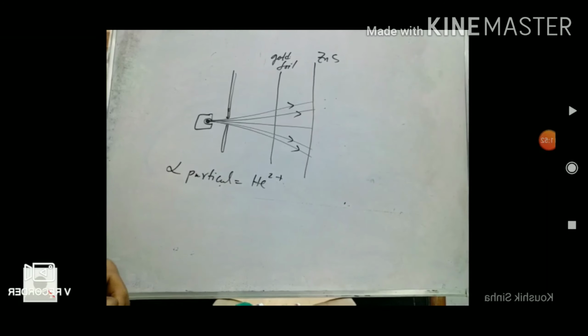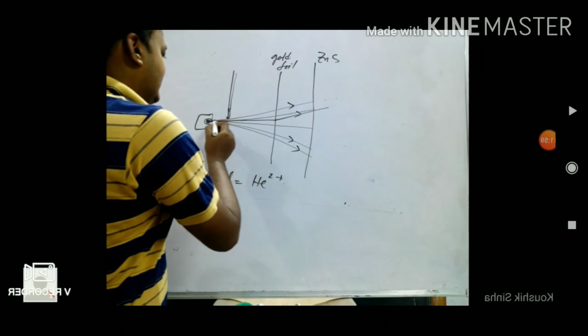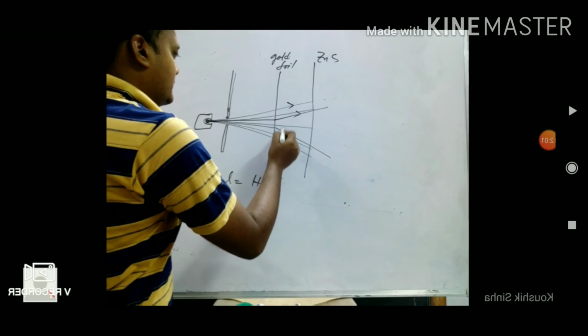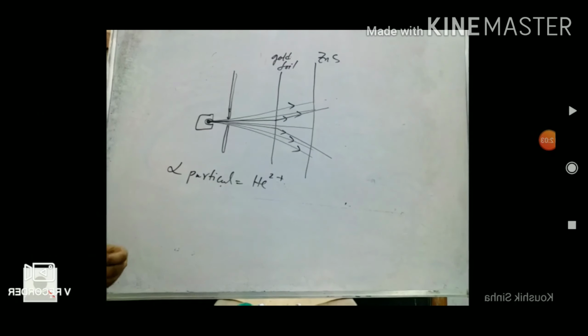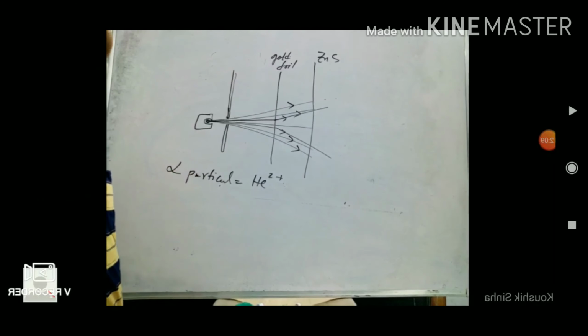Second observation: very few slightly deflect. That means they deflect at a small angle. Conclusion: there is a positively charged center in that atom.